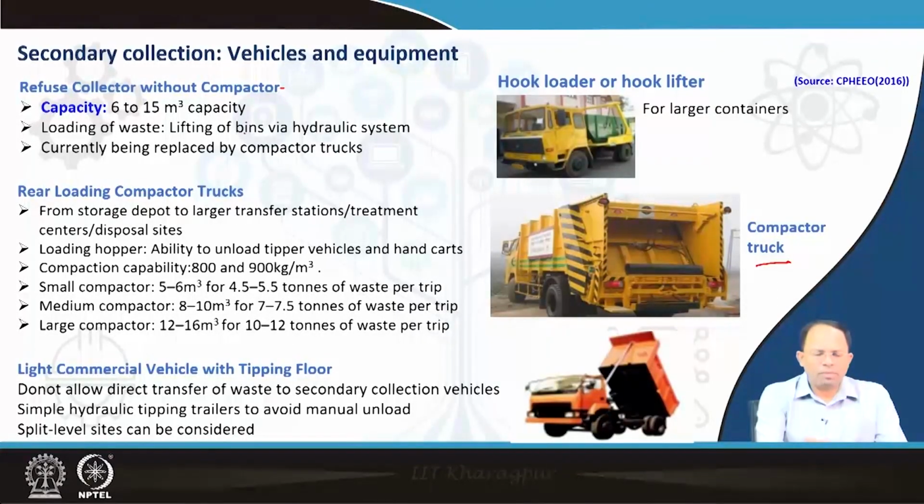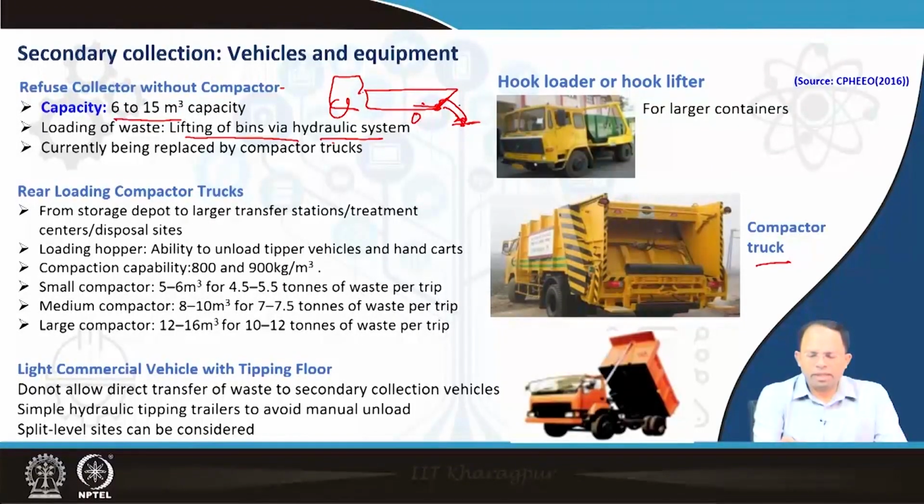In this case, what happens? This kind of vehicles are of capacity 6 to 15 meter cube, varying sizes. The bins could be directly loaded via this hydraulic system. If you remember from our previous module, we have shown an example of those things. The vehicle comes in, and it has a loading arm.